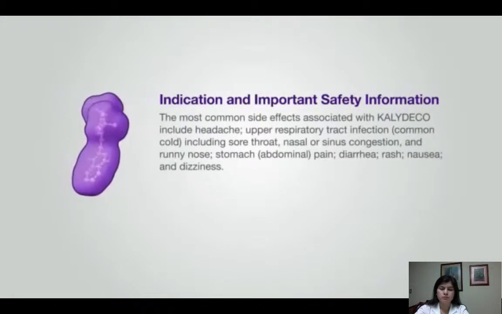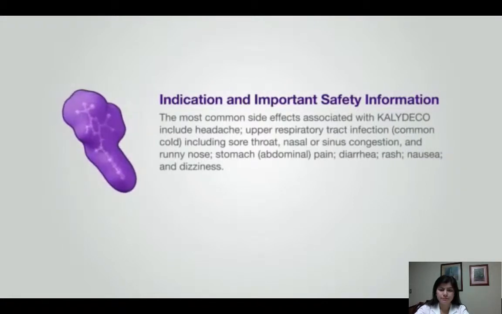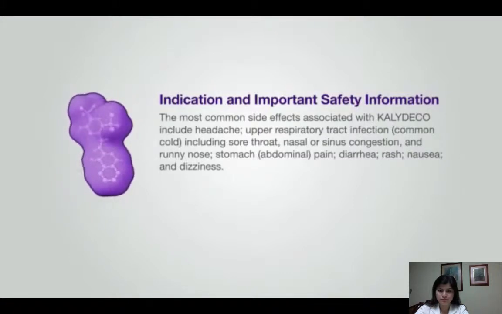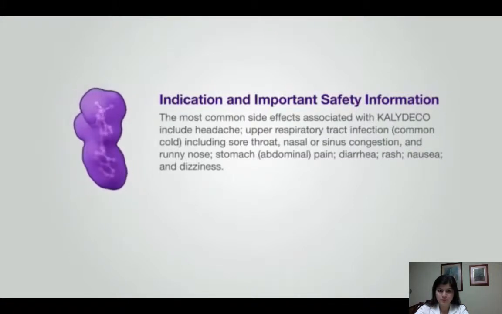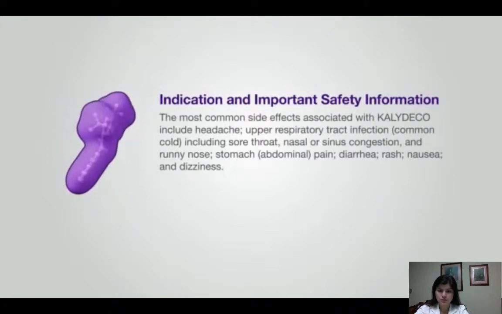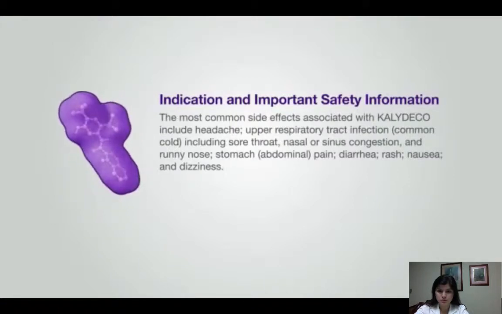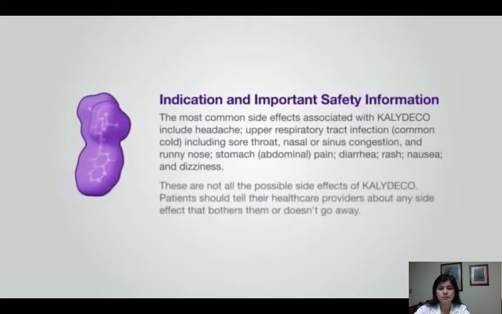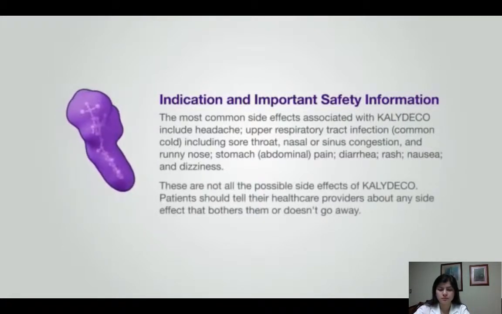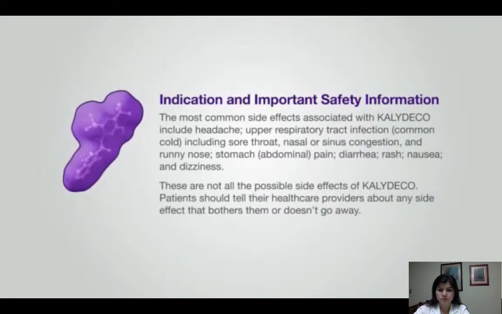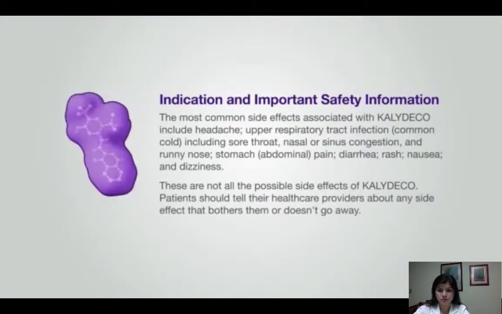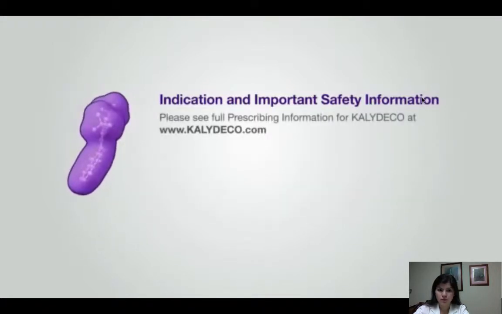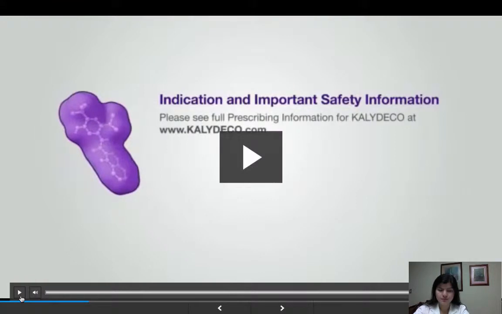The most common side effects associated with Kalydeco include headache, upper respiratory tract infection or common cold, including sore throat, nasal or sinus congestion, and runny nose, stomach or abdominal pain, diarrhea, rash, nausea, and dizziness. These are not all the possible side effects of Kalydeco. Patients should tell their healthcare providers about any side effect that bothers them or doesn't go away. Please see full prescribing information for Kalydeco.